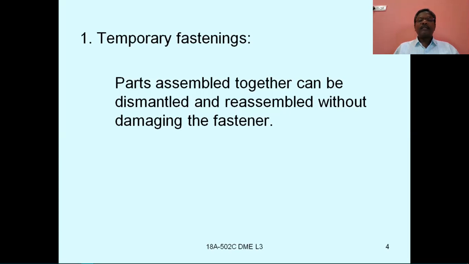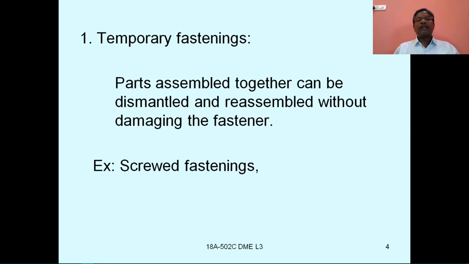Here the examples are screwed fastenings. As we are discussing screwed fastenings today, they are temporary fastenings. That means we can separate the joint and the assembled parts easily, and also assemble again at the will of the operator.